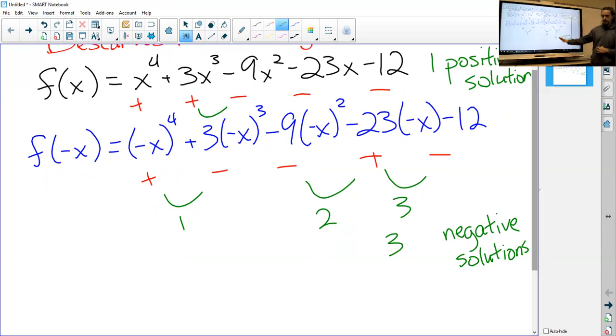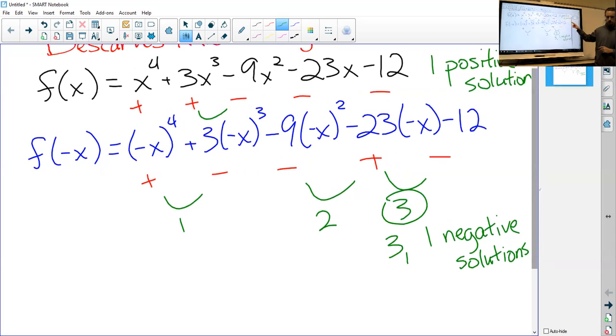So if there are 3 negative solutions, if we count down by 2, you can say there's also potentially just 1 negative solution. So anytime you're working out positive or negative, you count them up, like we had 3 here, so you start with that, and then you count down by 2s until you get to either 1 or 0. Okay, and we'll see some more examples, and that will hopefully make more sense.